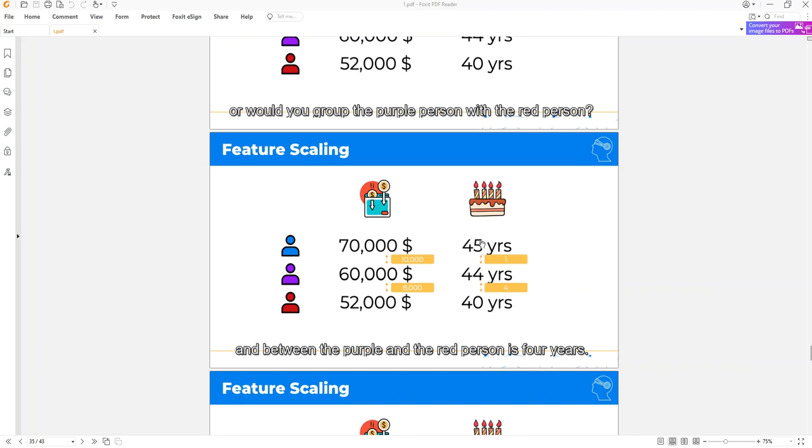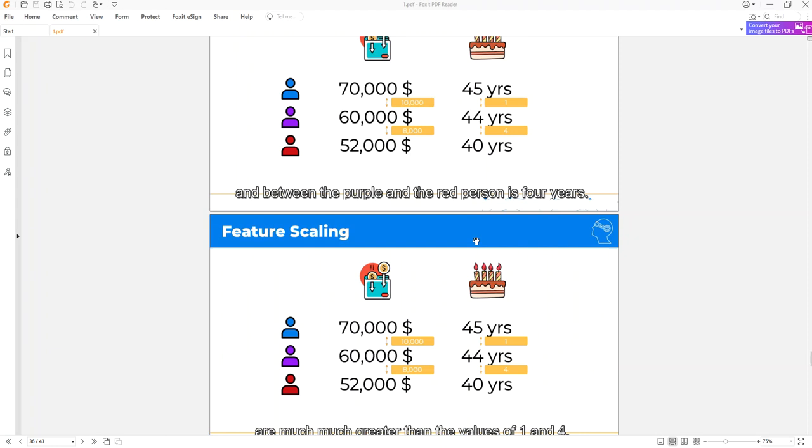What if these years were in terms of minutes or seconds? Then you would naively not be looking at this column. You would be moving on to this one and saying that it looks like this person is closer to this or that person is closer to that. We don't want these things happening in our actual real data set. We want real answers.